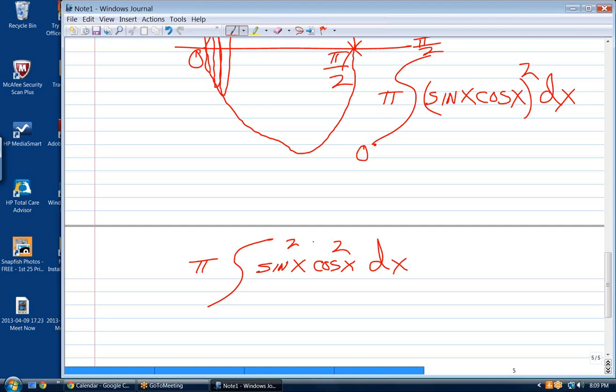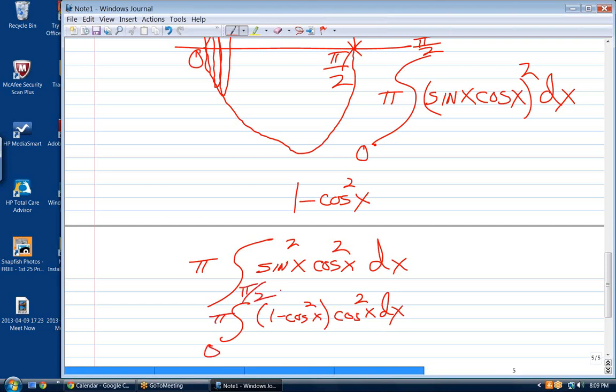Okay. Let's put it all in cosine. So we're going to substitute for sine squared of x 1 minus cosine squared of x. So now we're going to integrate 1 minus cosine squared of x times cosine squared of x dx. Pi out there. Going from 0 to pi over 2.